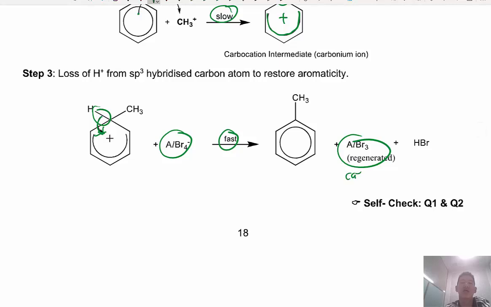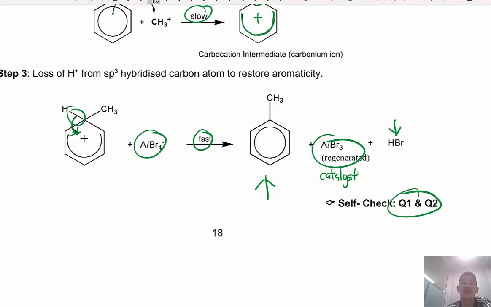Catalyst is regenerated. You get your organic product and HBr. So this is your mechanism for alkylation. If you want to do acylation, it's almost exactly the same. So with this, you are now ready to attempt self-check questions 1 and 2. Please go and try it yourselves.